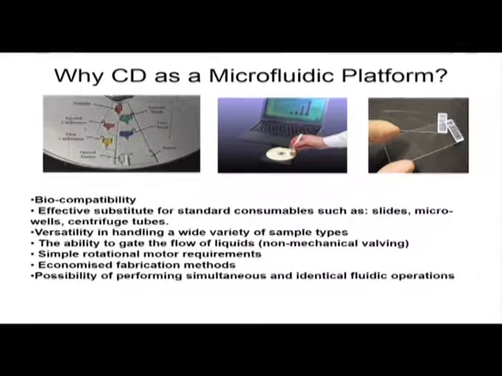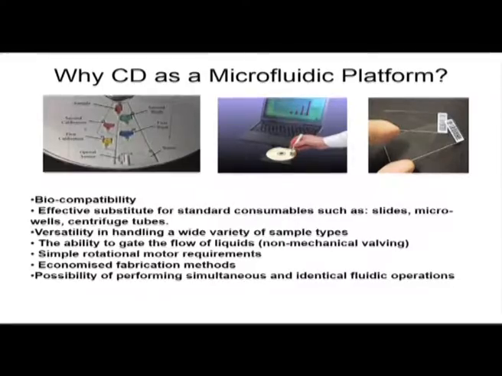Possibility of performing simultaneous and identical fluidic operations. This point is like, if you have a CD, on a CD you have many channels. So identical but simultaneous operations, on each channel you can do one thing. For example, if you think of a CD with 100 channels, then if you take one small drop of blood, in each of these channels you can make one test.